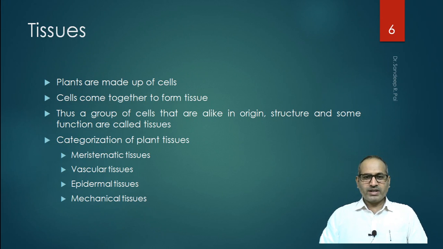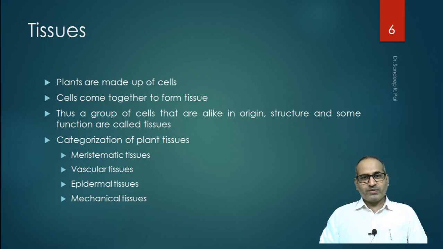Thus, a group of cells that are alike in origin, structure and some functions are called tissues. I mean to say here that a group of cells which behave like one another and originate from a single type or same type of cell will be termed as tissues.